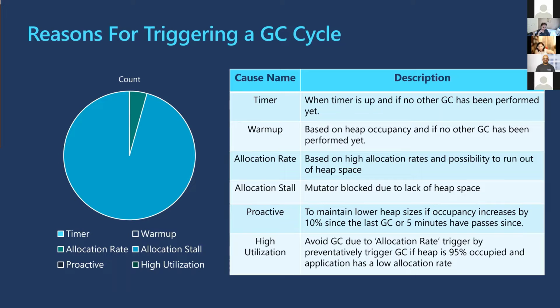They also help us calculate if we're going to have an allocation stall, or if the allocation rate is too high, or there's a high utilization of the heap and the garbage collector cannot keep up, or just to warm up the gears to get ZGC started. So these are the different phases that ZGC can go through.